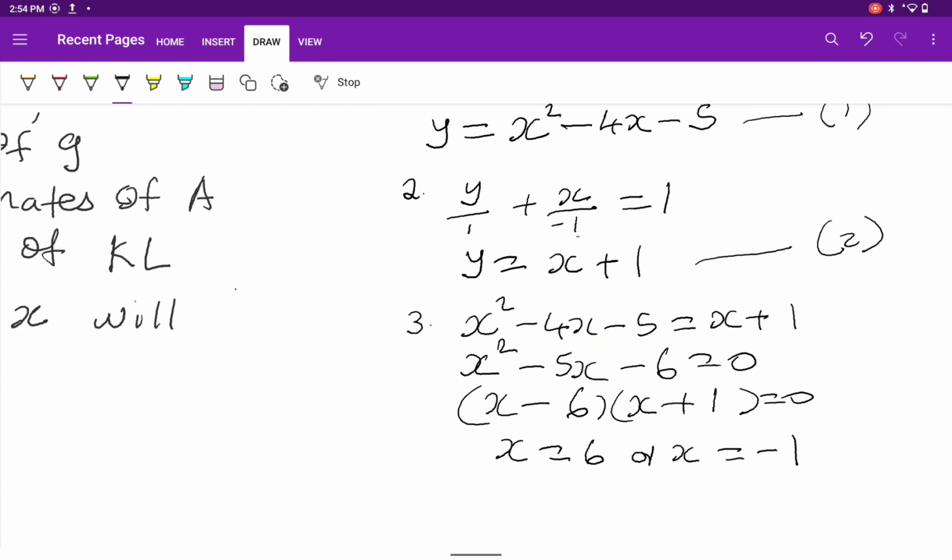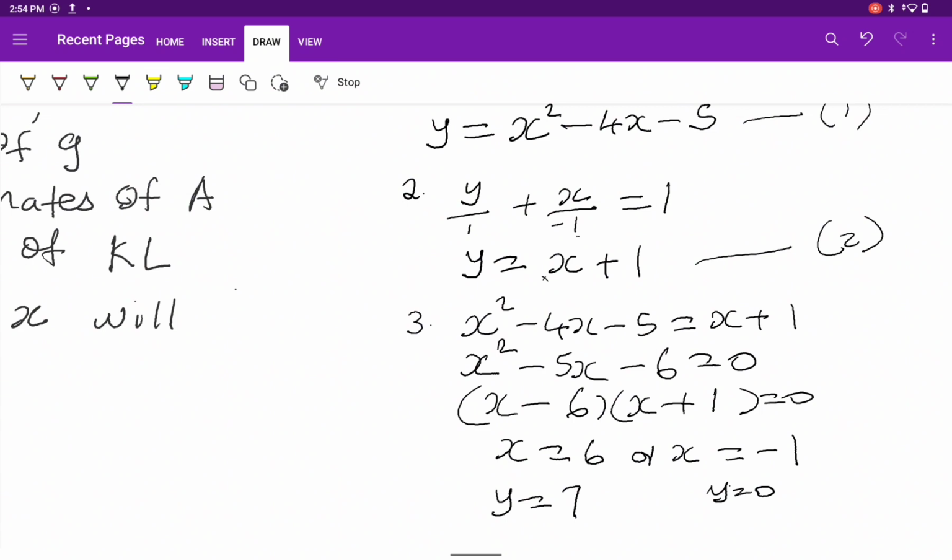So let's get the y values. If we put a 6 there, we will have 6 plus 1, which is 7. And for negative 1, obviously, if we put that, we'll get 0. So y will be 0. We're substituting it on the straight line.